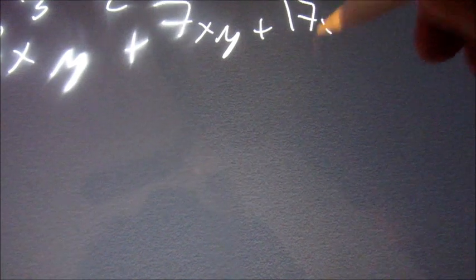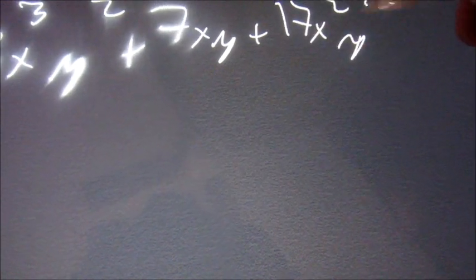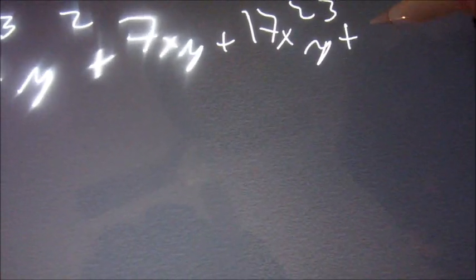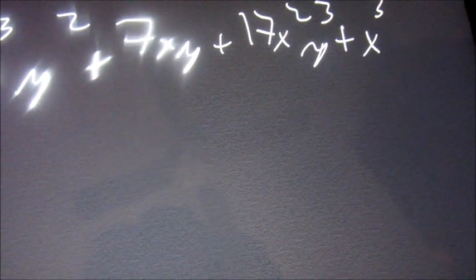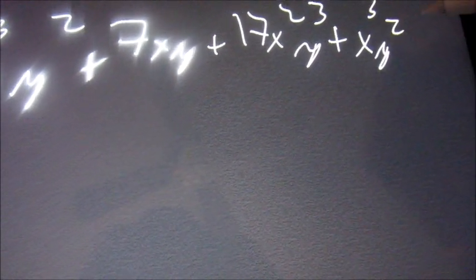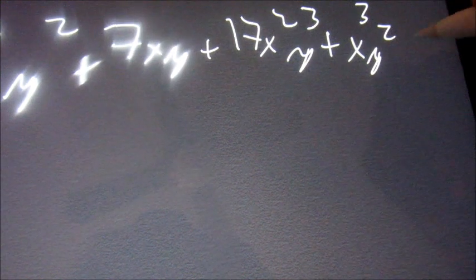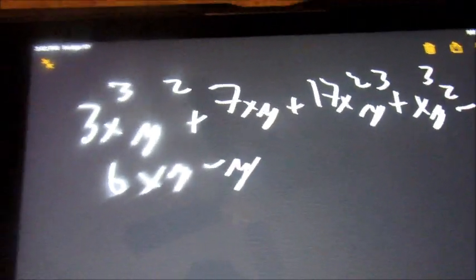But let's say that we have 3x to the 3 y squared plus 7xy plus 17x squared y to the 3 plus x to the 3 y squared minus 6xy minus y.